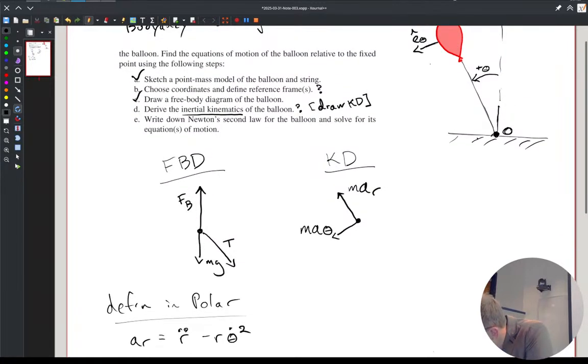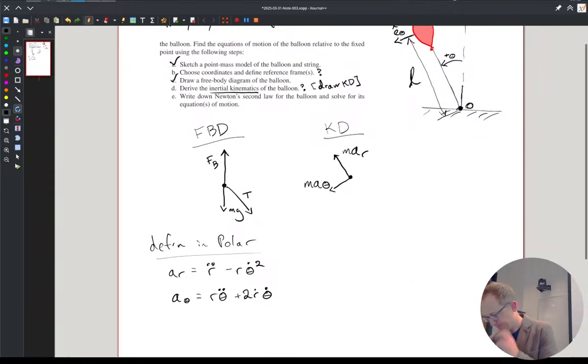And let's do this. So when we have polar coordinates, we can look up the definition, you can derive the definition, but it's always the same.